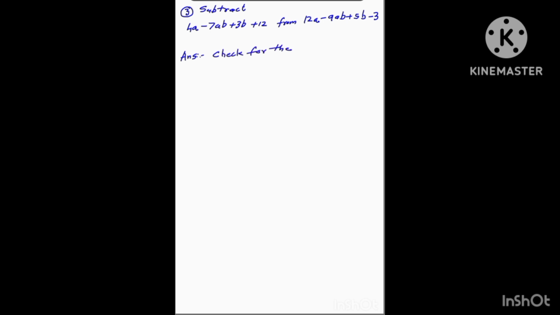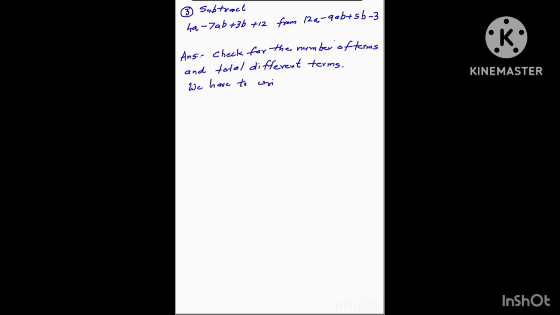All the terms which contain only a, or ab, or a square, or b, or b square, all these will be different terms, or a constant that doesn't have any a or b. Check for the number of terms. Each will be a different term, and see how many total different terms there are, so that many columns you will need.